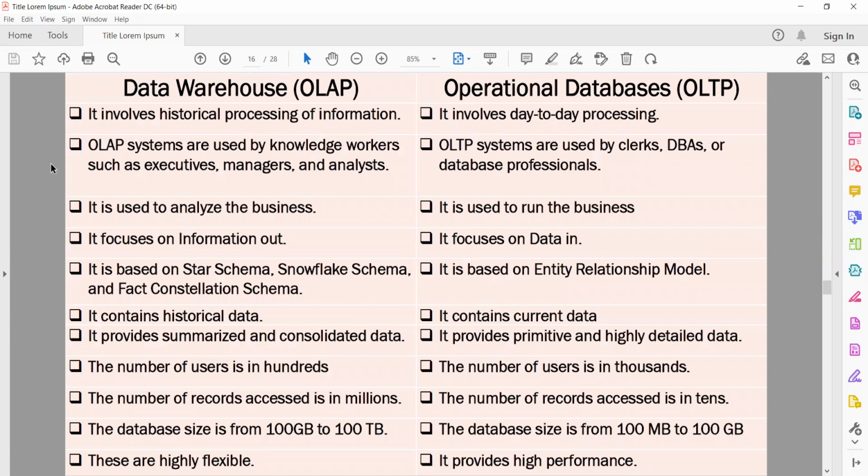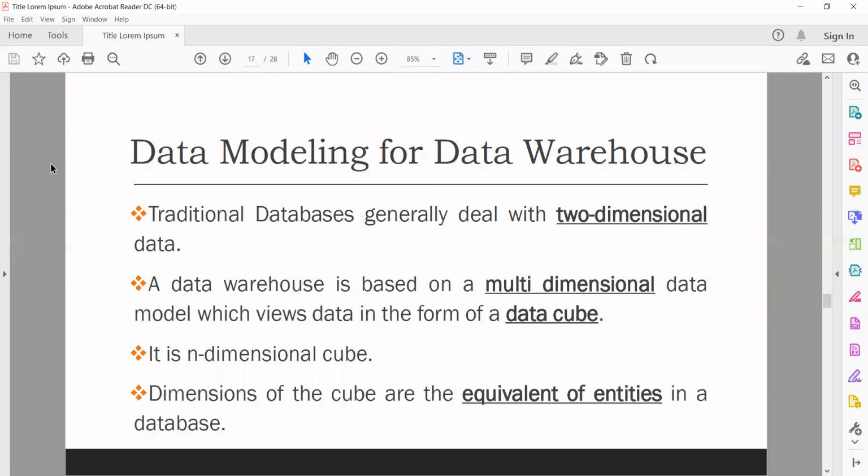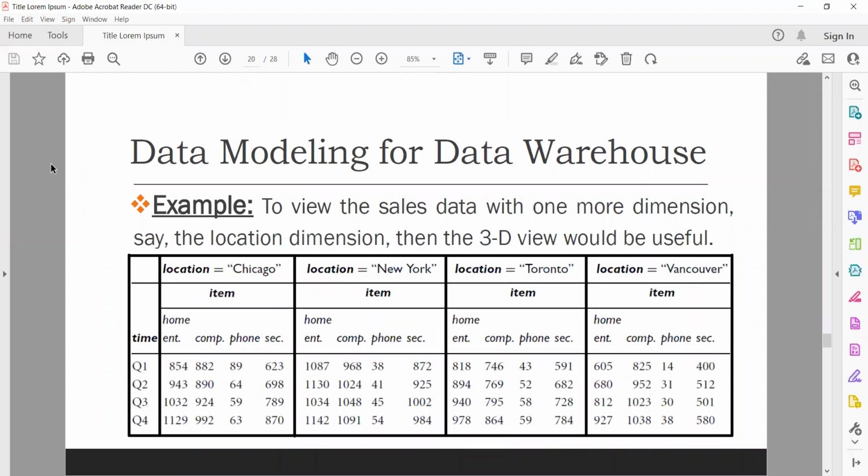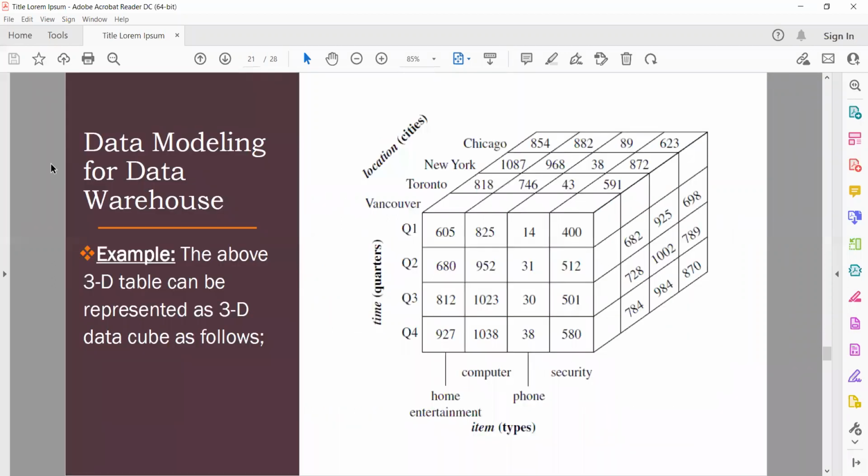We discussed those things in the physical lecture. Am I correct? Also, you did an assignment on online analytical processing and transactional processing. Do you remember? Where we can stop.